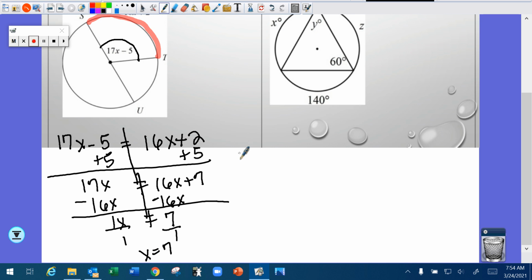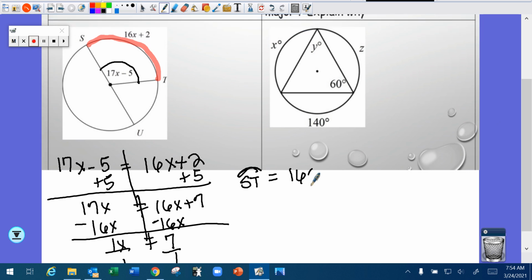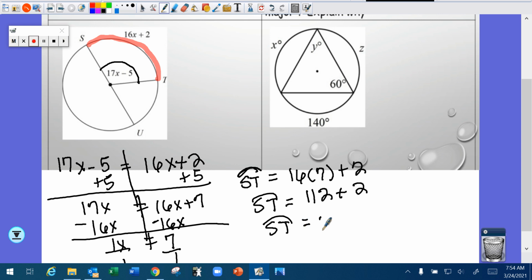So that means arc ST would be equal to 16 times 7 plus 2, that's going to be 112 plus 2, so arc ST is equal to 114. So this arc is 114 degrees.